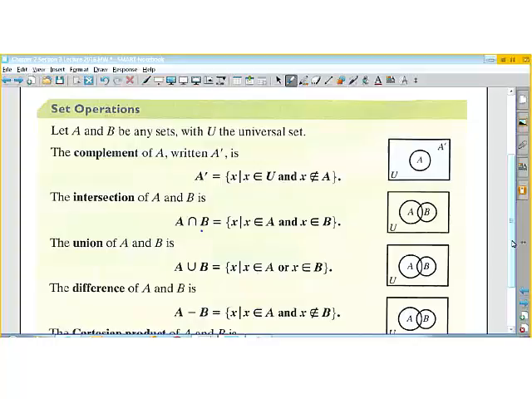The intersection, we have two sets, and some of the elements in the two sets are in common. So the overlap area between these two sets would be where you would have the elements that represent the intersection. Yeah, this is highlighted right here. It's in your book, you'd be able to see it better.